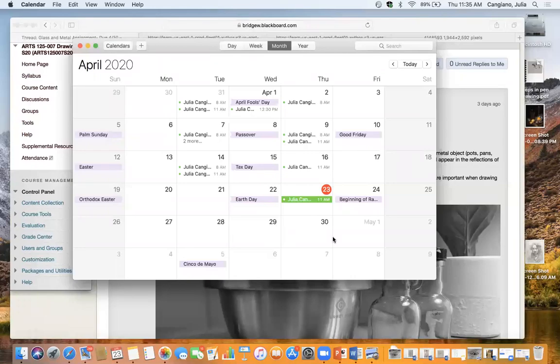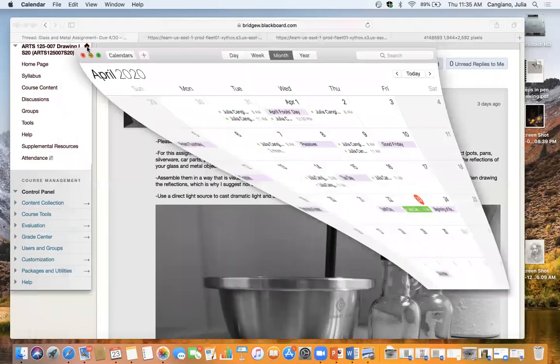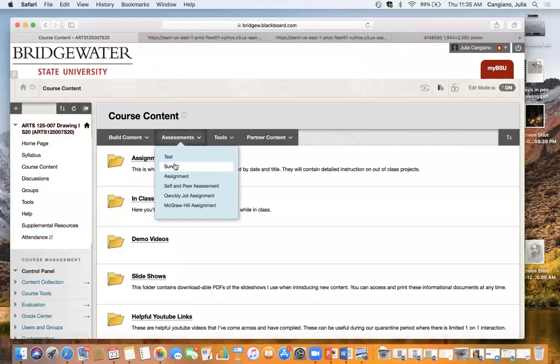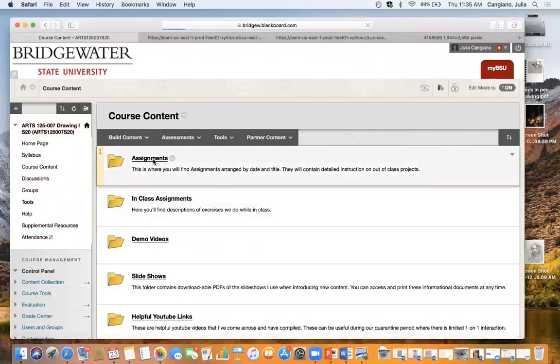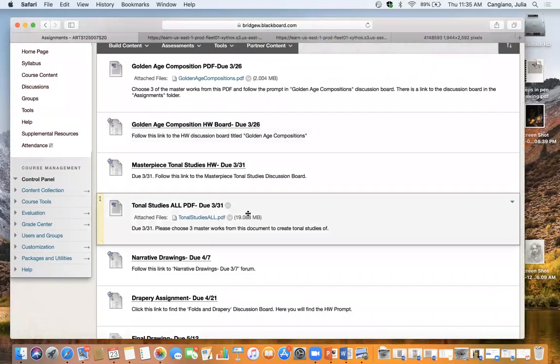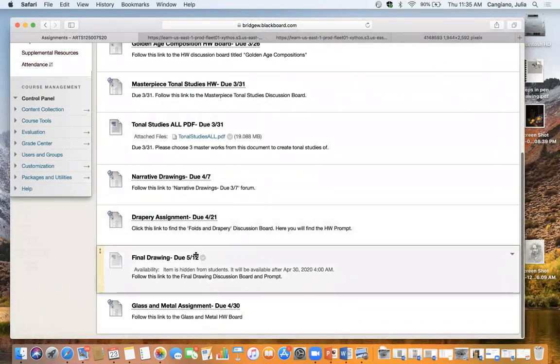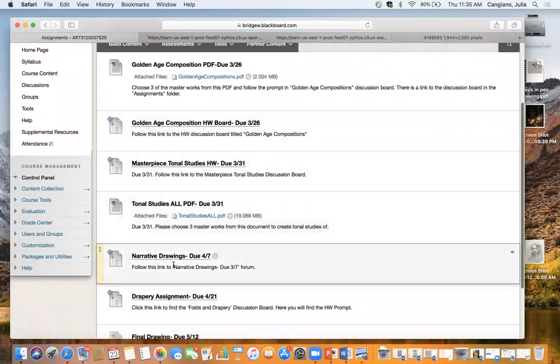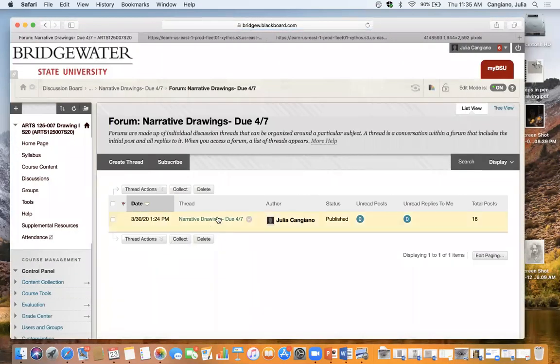So if you're missing any assignments, it is going to be your job to check in the course content page, go to the assignments folder, and just go through and make sure that you've submitted something for each of these. They're all up here, and if you click any of them, they will bring you right to the discussion board where you post.